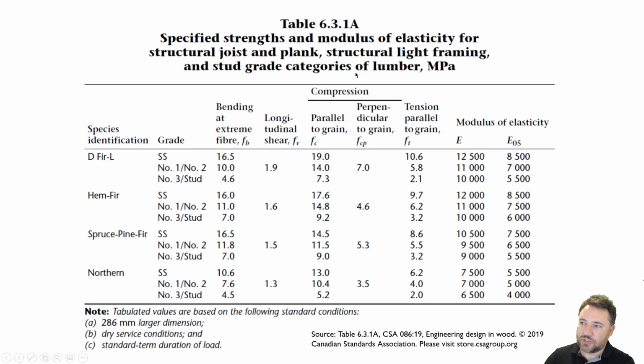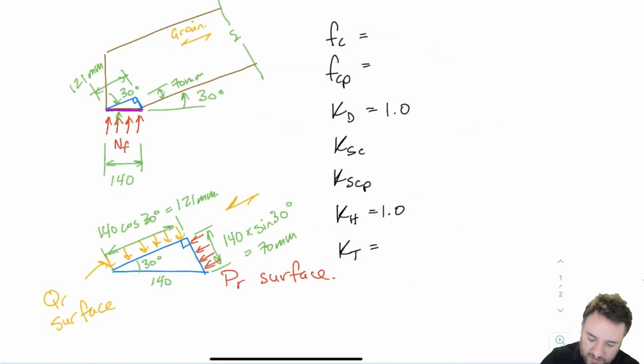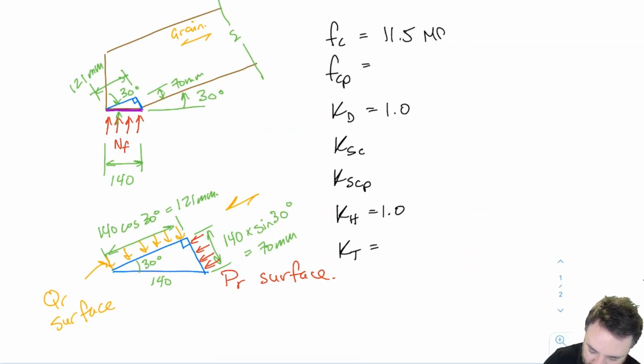So I'm going to go to table 6.3.1a, and this is an SPF number 2. So here's SPF number 2. I can read across. Parallel to grain strength, FC, is 11.5, and perpendicular to grain strength, FCP, is 5.3. So let's put those in. This was 11.5 MPa from the table, and this one was 5.3 MPa from the table.